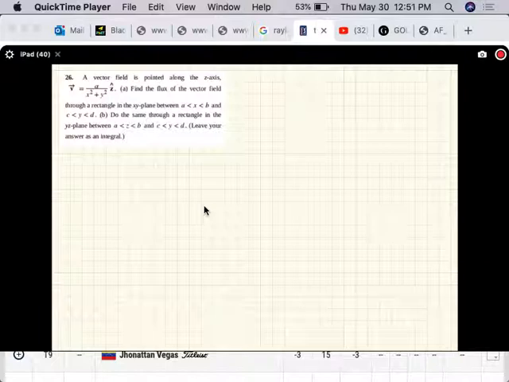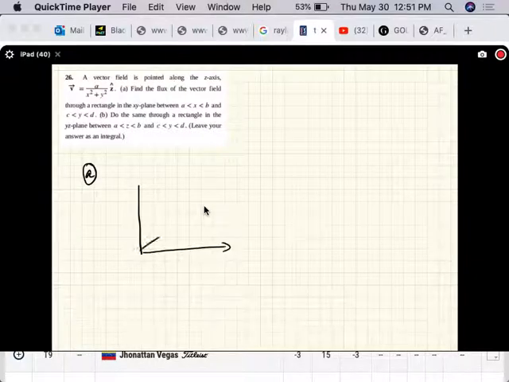Okay, so let's do part A. So let's draw our axes like that: x, y, z.